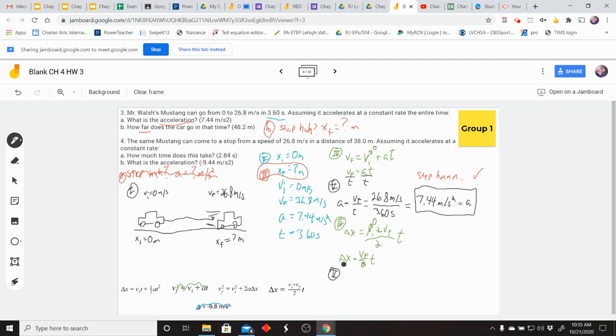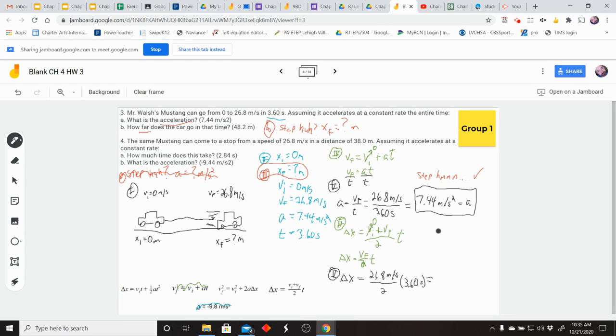Step 5 is do the math. We're trying to get delta x by itself on one side, and we already have that, which means I don't have to do any algebra to the letters. I can just go right ahead and put in the numbers. So delta x is equal to v final, 26.8 meters per second, divided by 2 and multiplied by the time, which is 3.60 seconds.